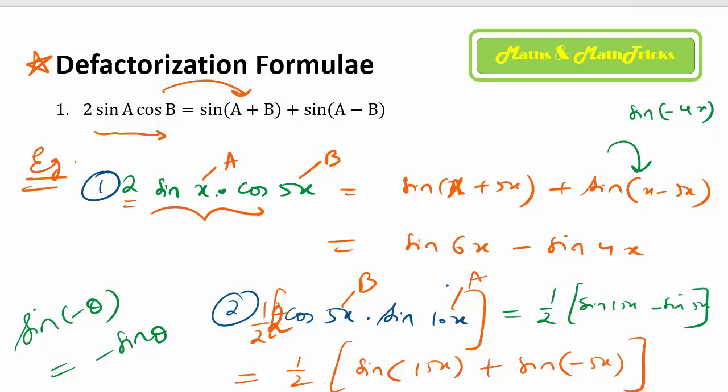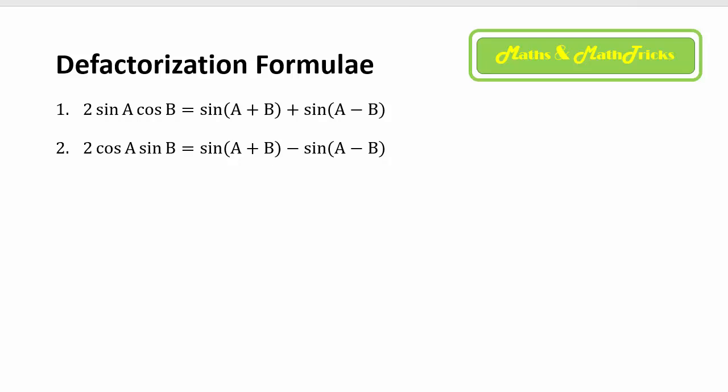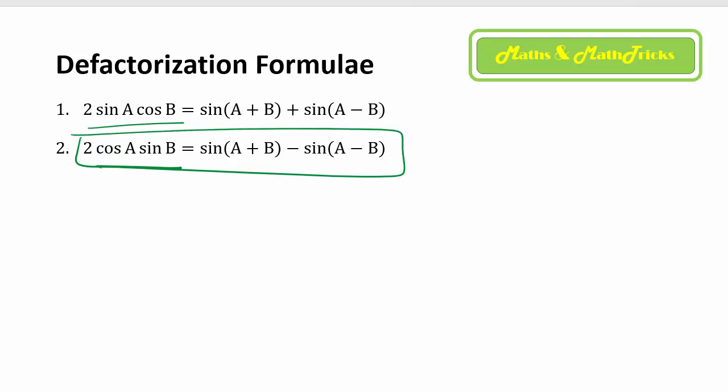So you got that these factorization formulae, though you see them with a 2, they need not be remembered with a 2. You just remember this one formula that whenever you add sine of a plus b and sine of a minus b, you will always get a term involving sine and cos.